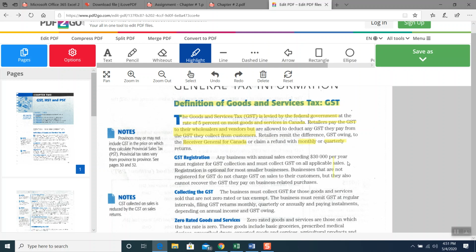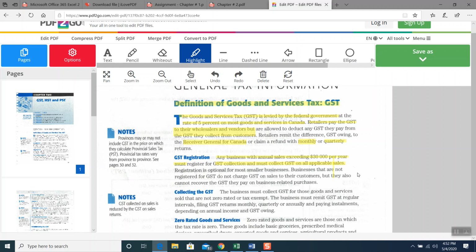Next one, GST registration. Any business with annual sales exceeding $30,000 per year must register for GST collection and must collect GST on applicable sales. The question is, sir, why $30,000?